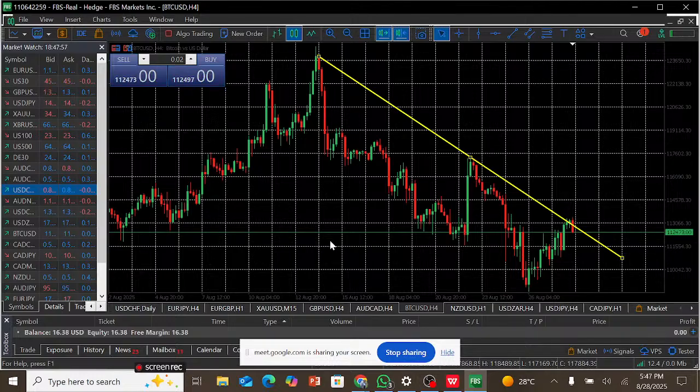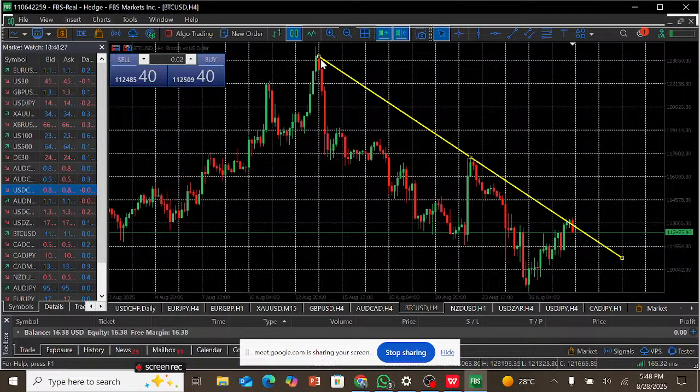First of all, we cannot take a trade when we are trading a downtrend or uptrend until we wait for at least two hits to the downtrend. For example, we have one, then we have two. So that means we are supposed to take a trade here. Remember, we take only selling opportunities.